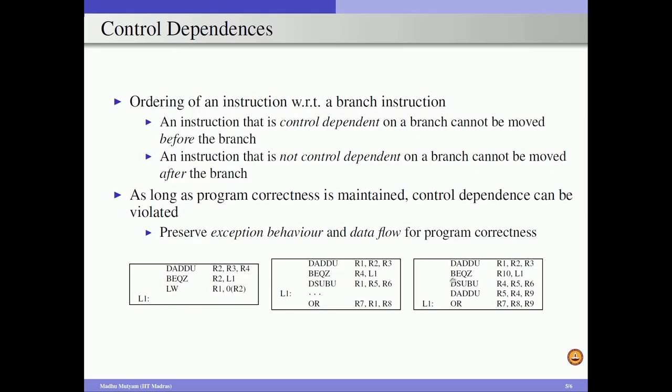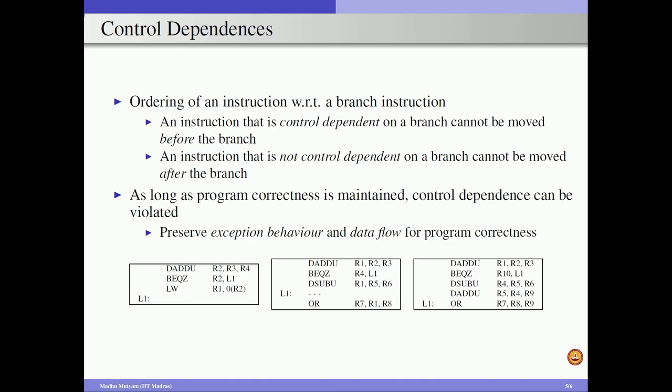And if the condition is false, then we execute the sub instruction and the add instruction on the respective registers. And assume that here the R4 register is not used anymore in the program.